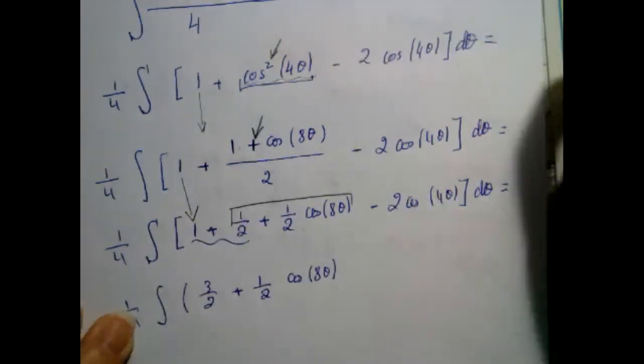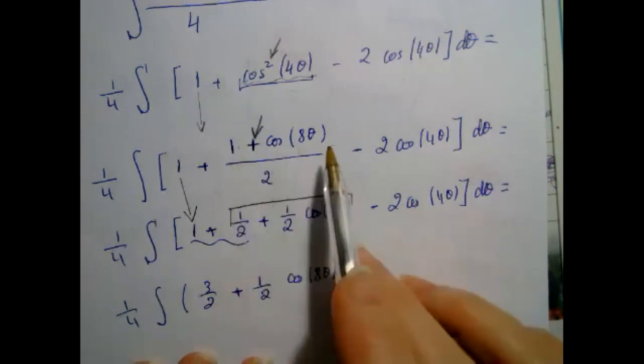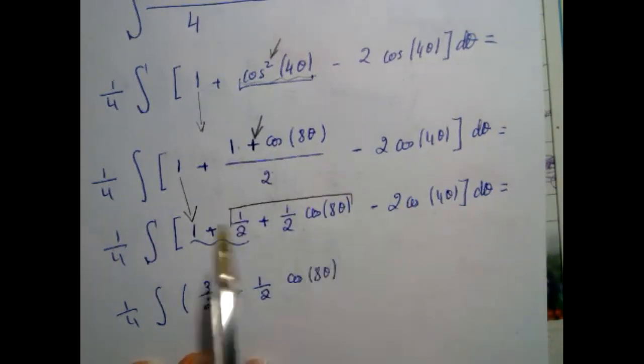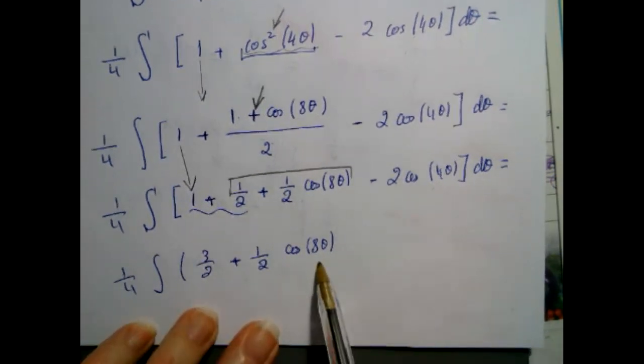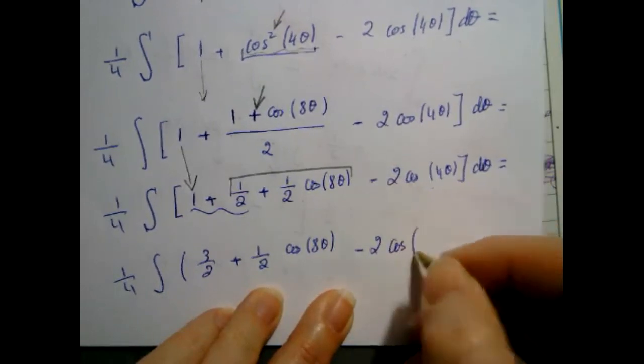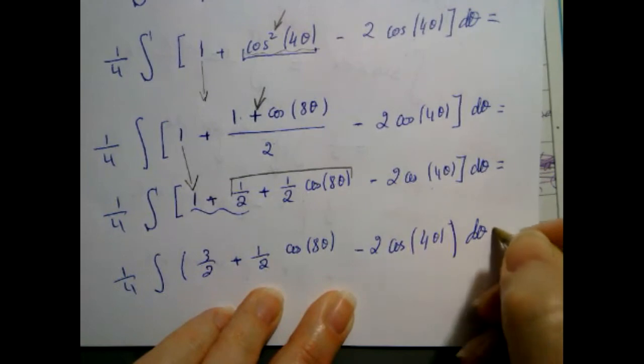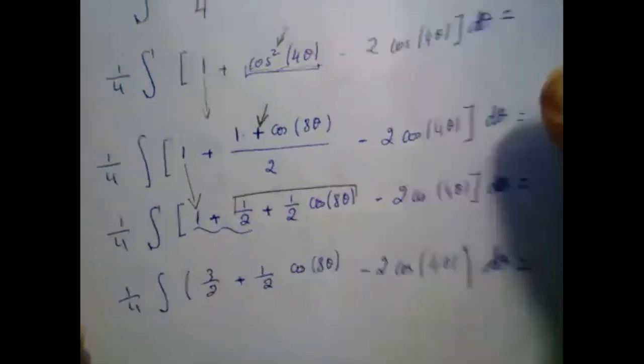So let us finalize this. I can split only because I'm splitting the numerator. The 1 plus a half gave me the 3/2, a half cosine 8 theta minus 2 cosine 4 theta d theta. Now I have to evaluate this.